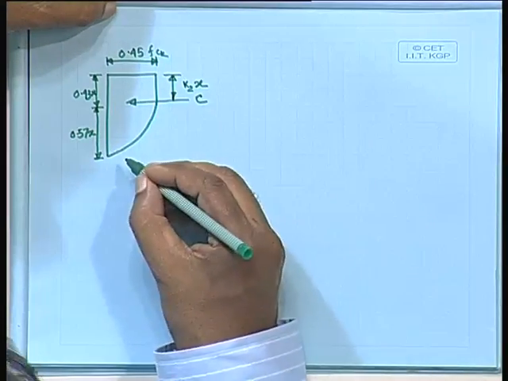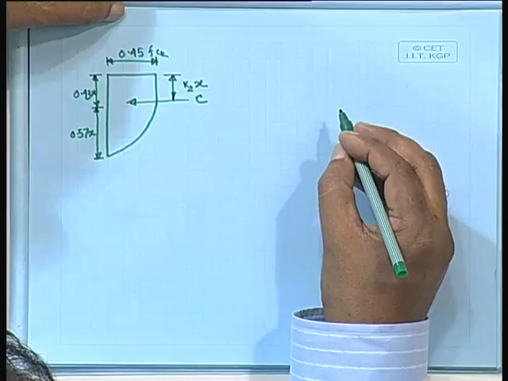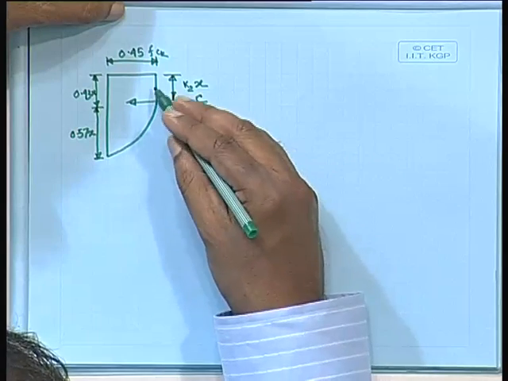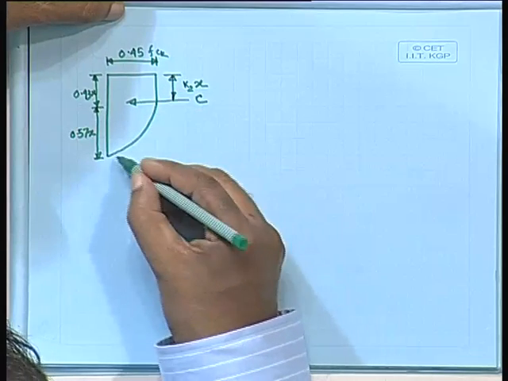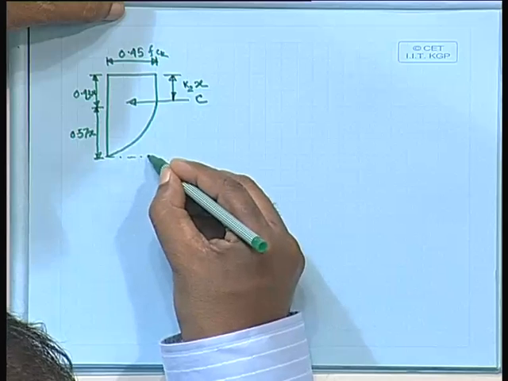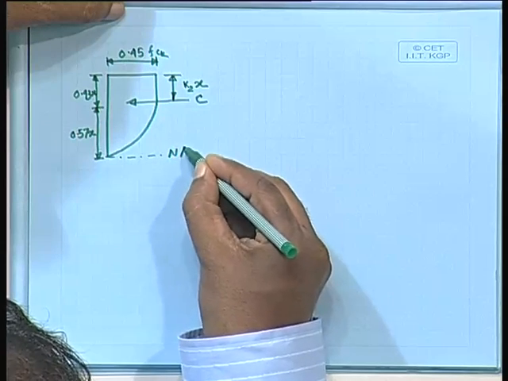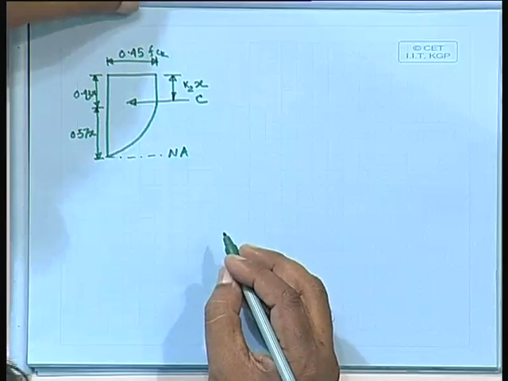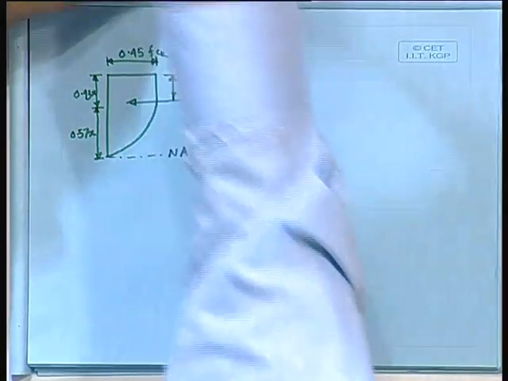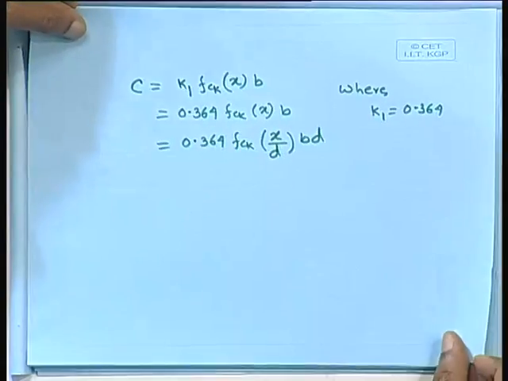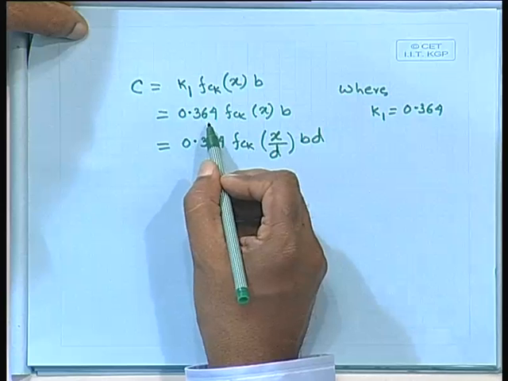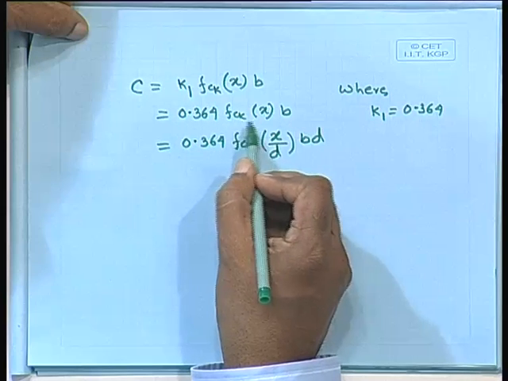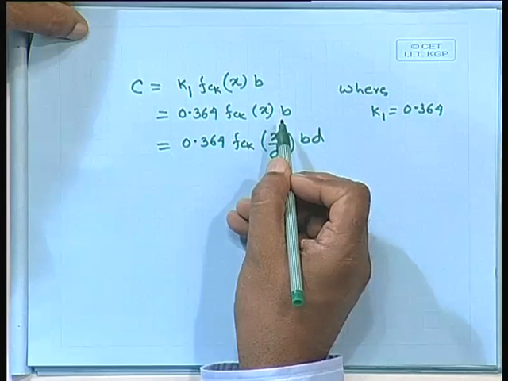We shall take moment about the neutral axis. This is our neutral axis. If we take moment about the neutral axis, already we have computed that C is 0.364 FCK xb, that is the total force.